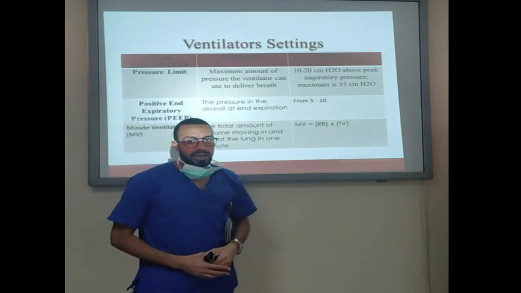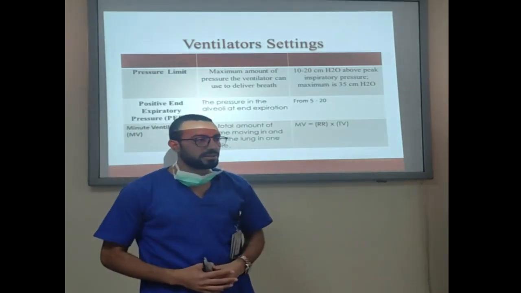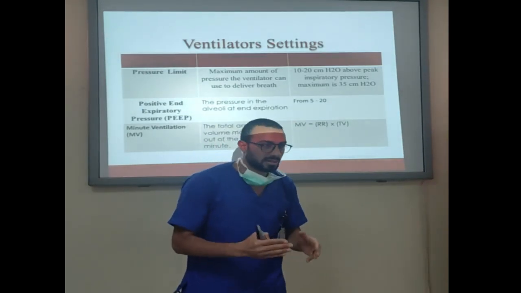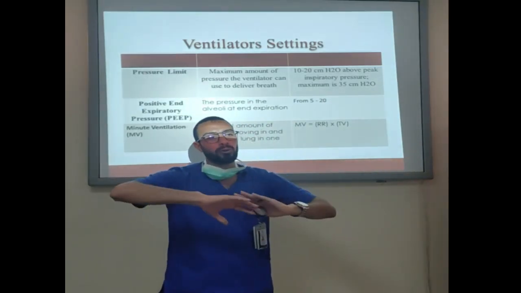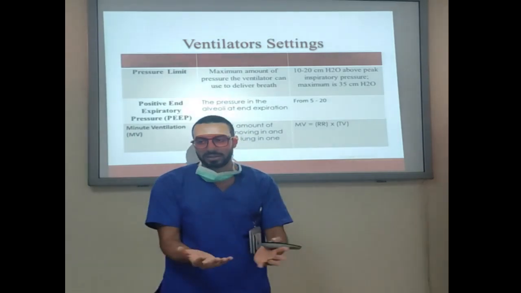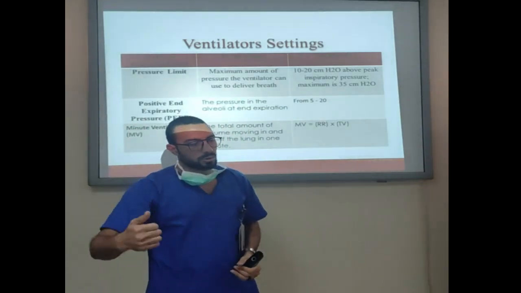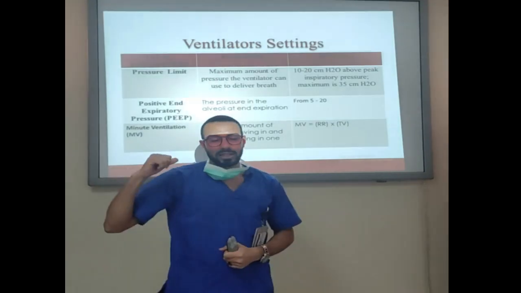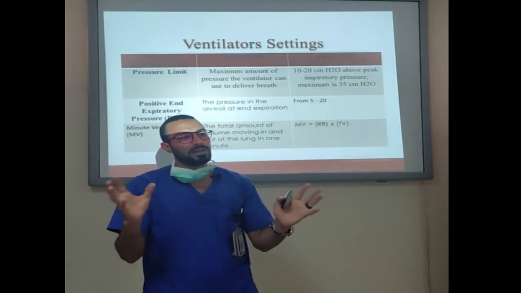Then the minute ventilation, the last parameter. It's the tidal volume times the respiratory rate. I mean all the volume of the inspired air in 1 minute. So the tidal volume is all the amount of air in one breath. Minute ventilation is all the amount of air in 1 minute.